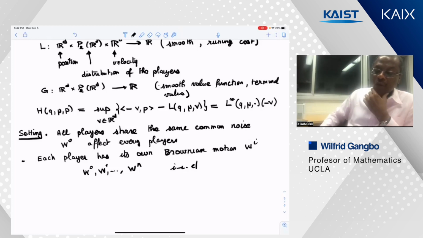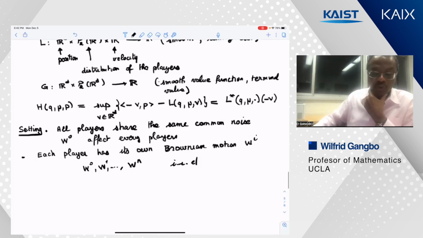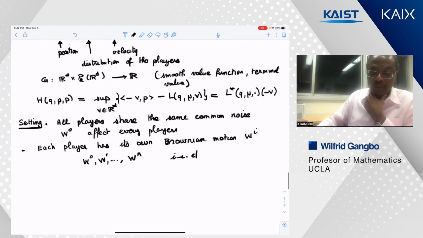In case you are not comfortable with that, you can ignore it because I am not going to use this directly in my computation.